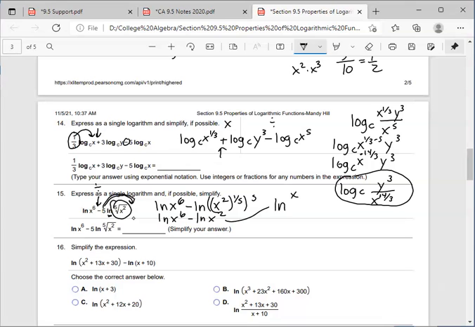I'm subtracting, so I'm dividing. We do need to simplify that, so we would subtract and say, what is 6 minus 2? That's not negative. So we can just, that's it, x to the 4th.